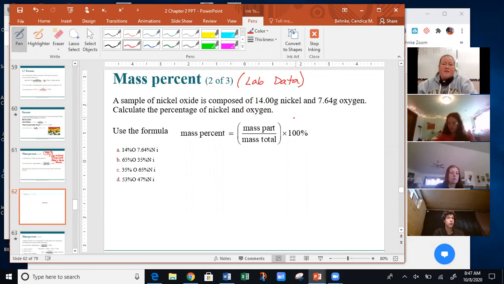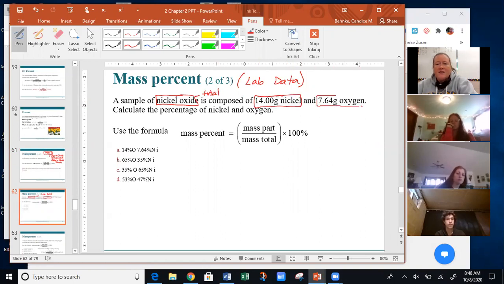And here, sometimes you really need to sort through what it says. It says a sample of nickel oxide is composed of 14 grams of nickel and 7.64 grams of oxygen. So the nickel oxide is the total, and the individual parts include 14 grams of nickel and 7.64 grams of oxygen.